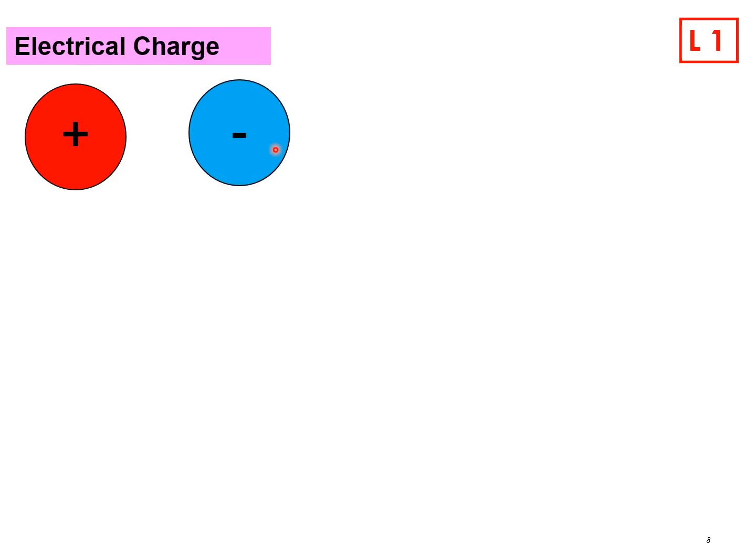We have two types of electrical charges. One is positive charge. Another one is negative charge. Positive charge material is due to the less number of electrons over protons, while the negative charge material is due to the more number of electrons over protons.